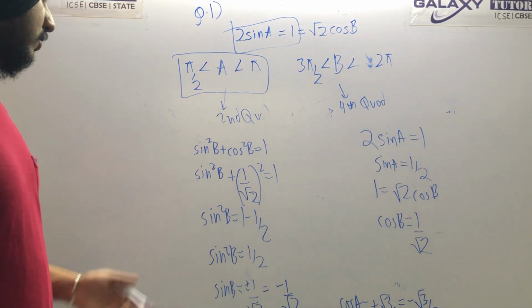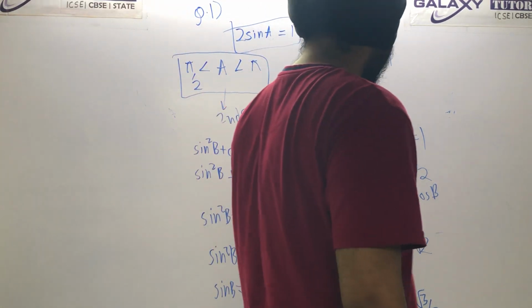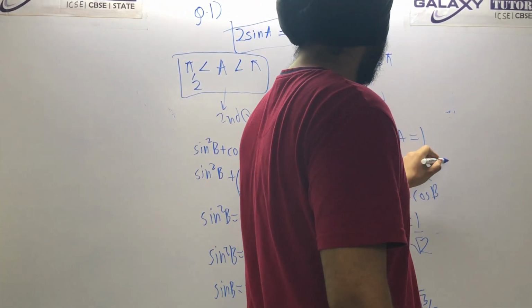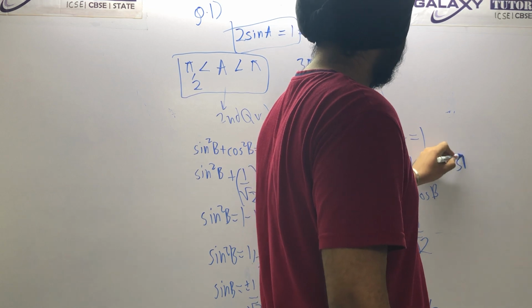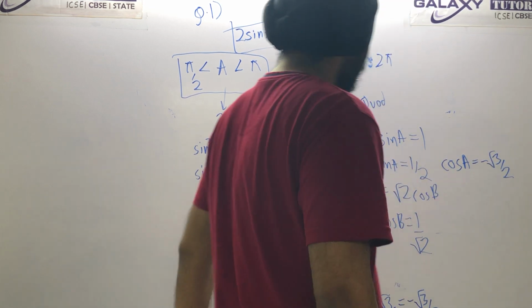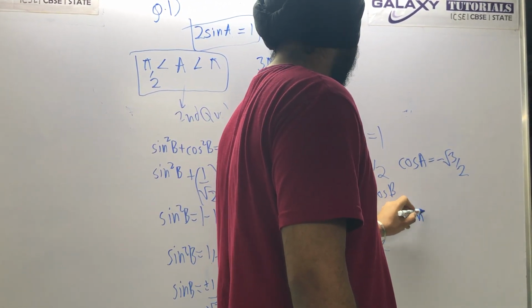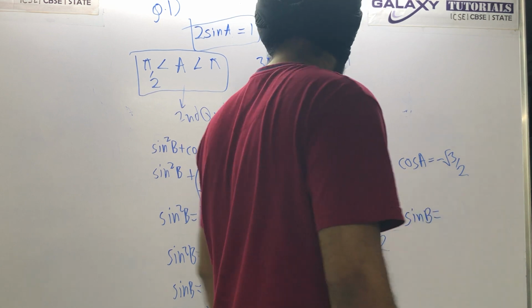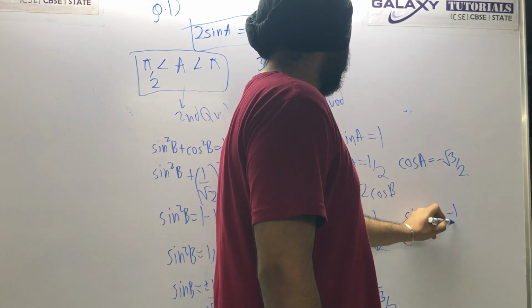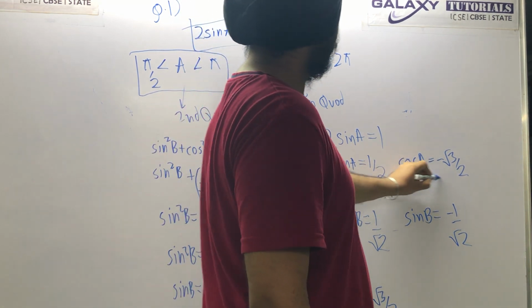Okay, so I will write the values here. Sin A was 1 by 2, cos A was minus root 3 by 2. Okay, and sin B was minus 1 by root 2. Okay, I have written all the four values here.